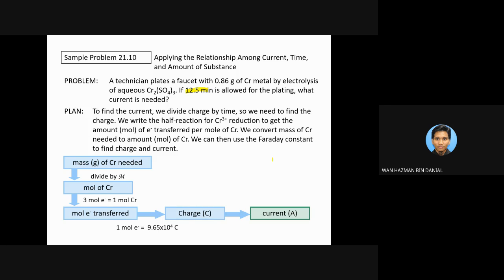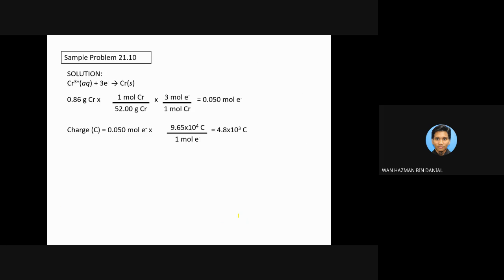Remember that we are not looking for the mole of this substance, but the mole of electrons. That is what is important, and you must make sure of the cross multiplication. Once we get the mole of electrons transferred, we multiply with the Faraday constant, we get charge, and then current.